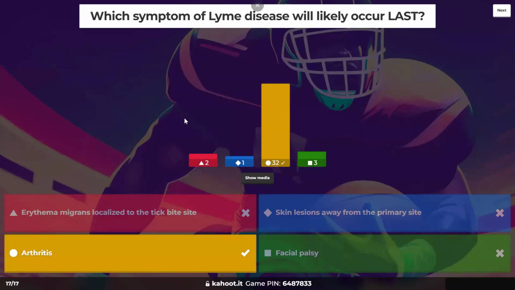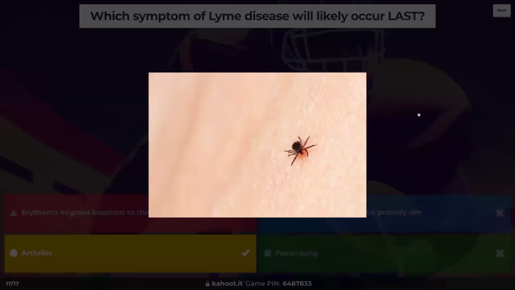This whole lecture's on arthritis, or a lot of it is. And that was the later one. This is early. This is what we call disseminated. So that's more after the first month, right? But this is several months later. Facial palsy was also in the disseminated. We had an image of someone with facial palsy there. Yeah, most of you got that one.